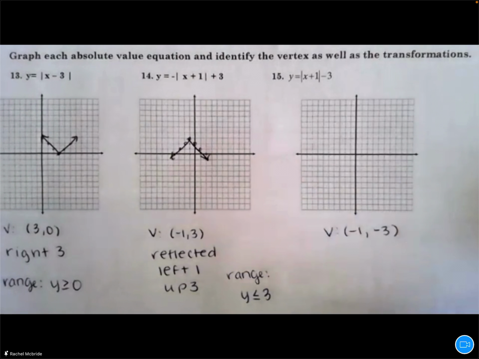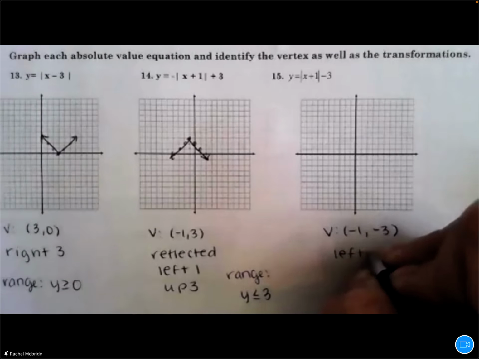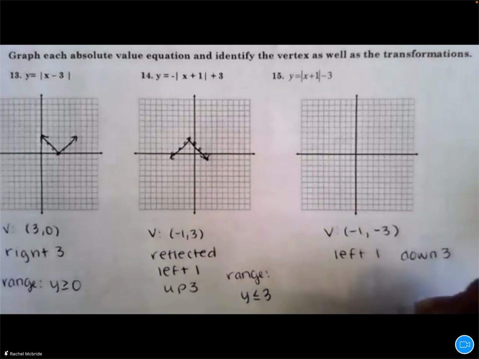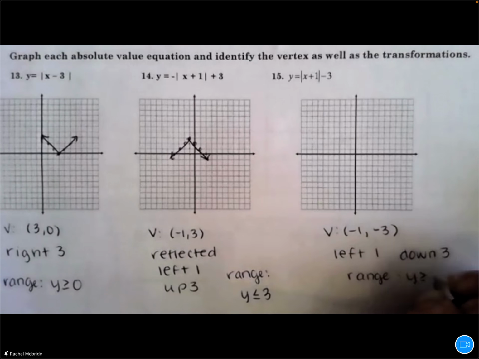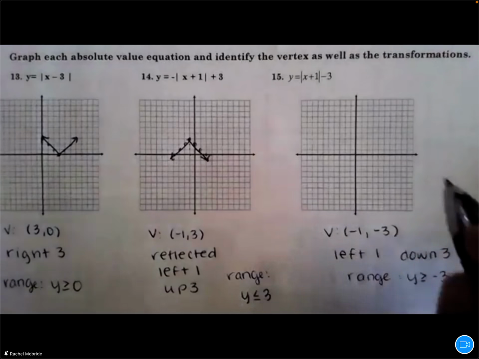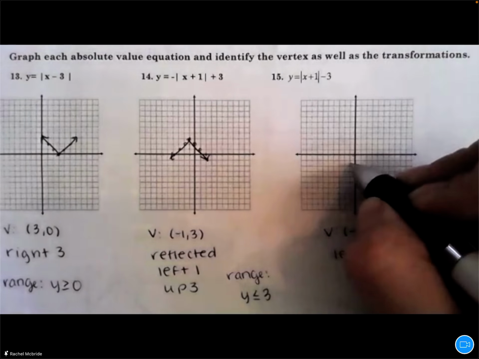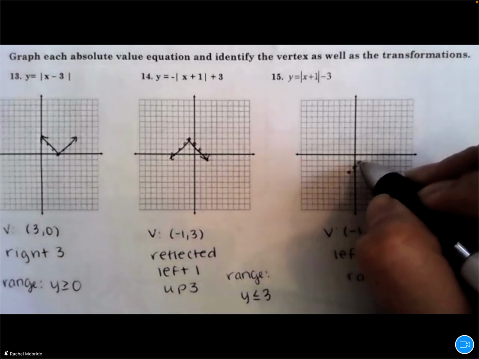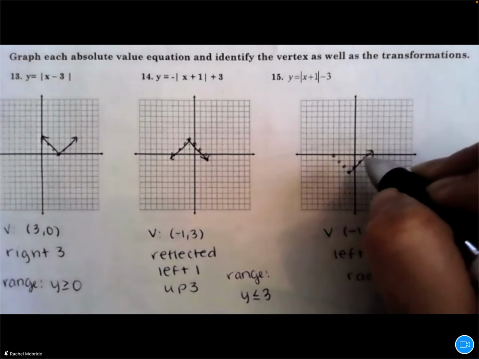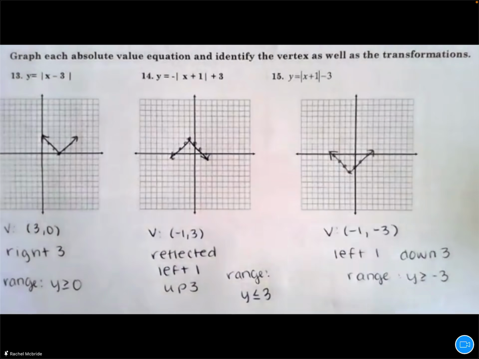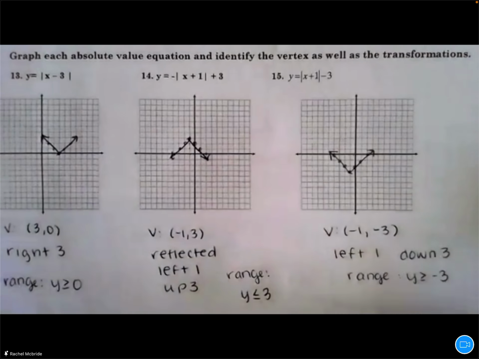This graph is left 1, down 3. Your range would be y greater than or equal to negative 3. And the domain is always all reals.